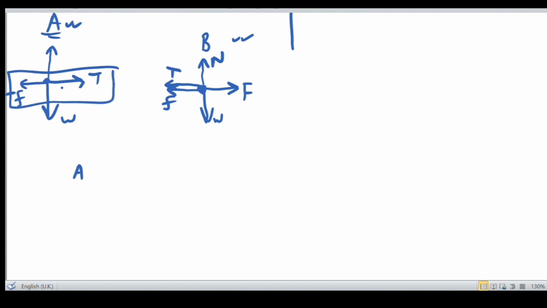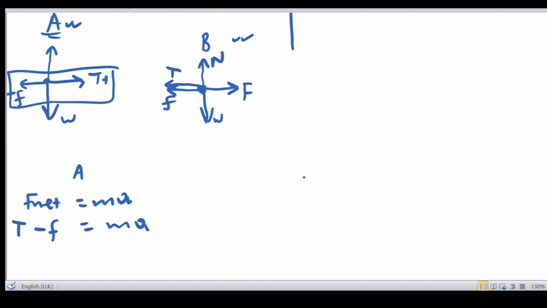Friction is negative, therefore tension for A is positive. So the net force is always equal to MA. So we have T minus F friction, which is equal to MA, because we said that the friction must be negative. We're done for A, you just substitute there.